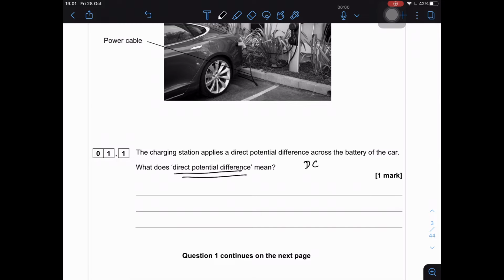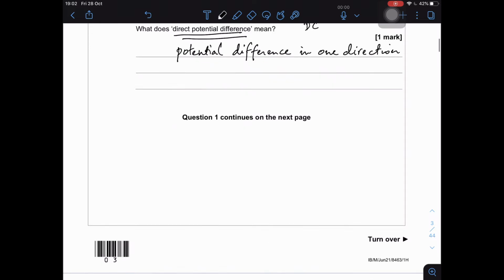Direct current, or direct potential difference, means something that flows in one direction. Okay, that will be the first answer.